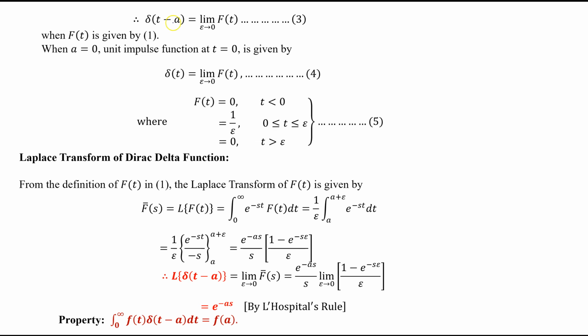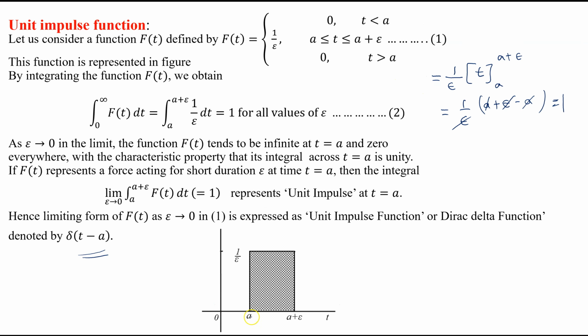So here you can write delta of t minus a equal to limit epsilon tends to 0 of f of t. Okay, here when a equal to 0, in our previous graph we had taken the interval a to a plus epsilon.